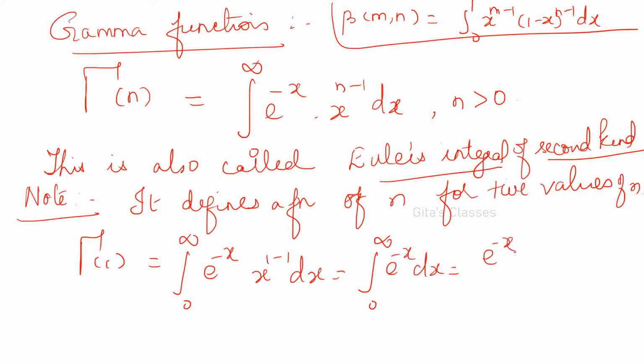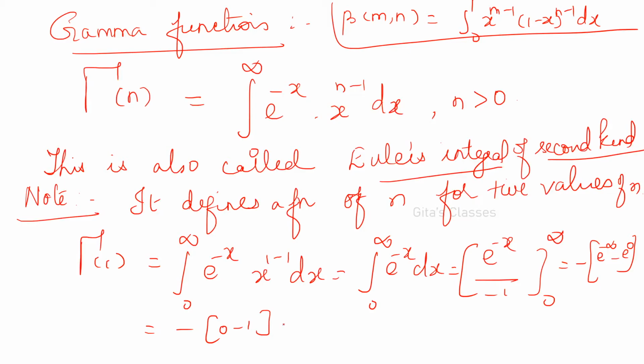That is e power minus x by minus 1 from 0 to infinity. I am taking this minus outside. So e power minus infinity minus e power 0, that is minus of 0 minus 1. E power minus infinity is 0, so minus of minus 1 is 1. Therefore, gamma of 1 is equal to 1. This is an important result, a standard value.